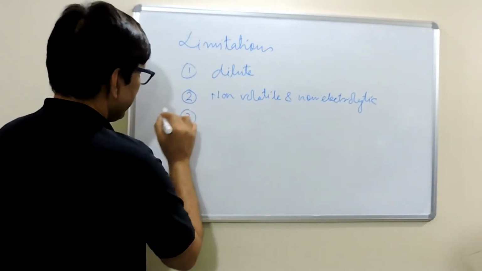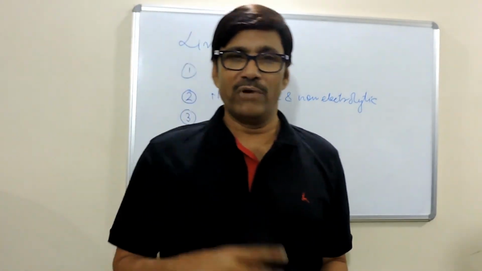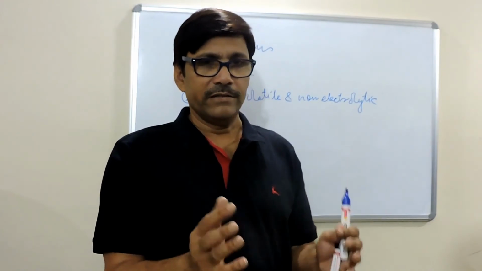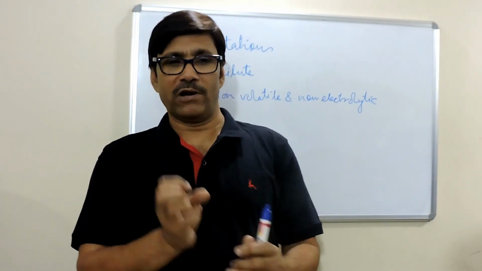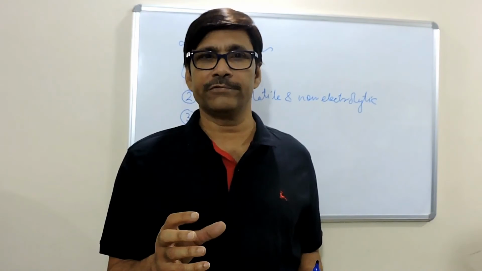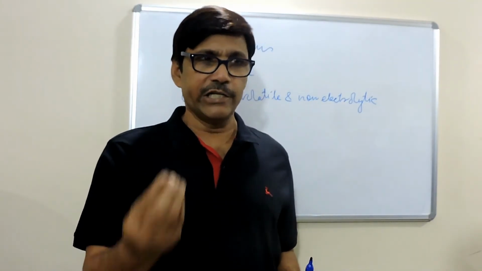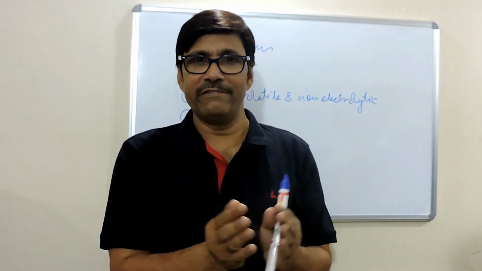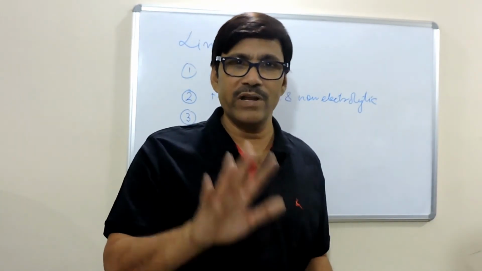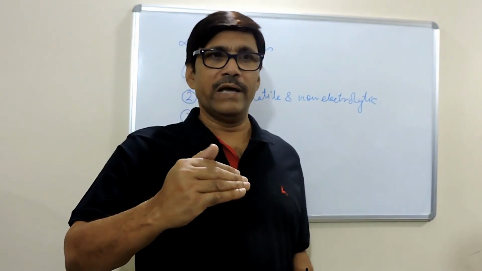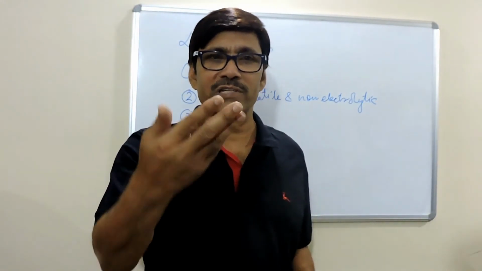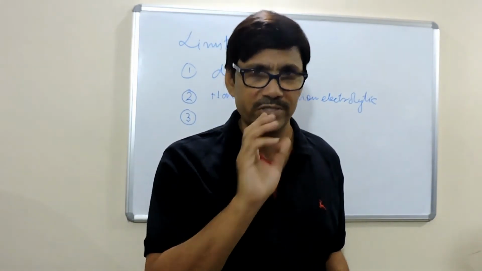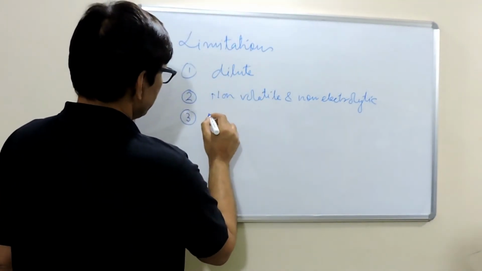Third, in some cases, when you add solute molecules inside the solvent, they associate together. For example, if you take 10 molecules of benzoic acid and dissolve in benzene, benzoic acid molecules will associate, they will dimerize, and inside you will have only 5 molecules. So elevation in boiling point will be almost half of the expected value. So the solute should not undergo association also.